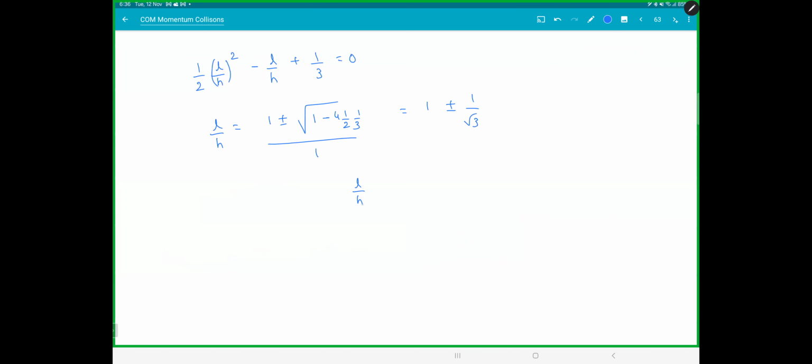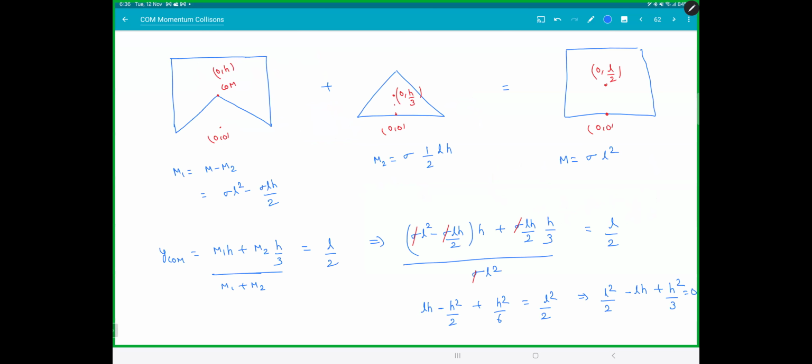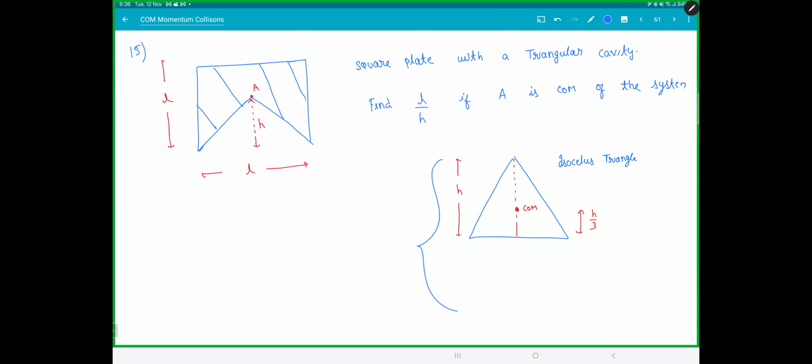Now L by h is 1 plus 1 by root 3, because L by h is greater than 1. Therefore, L by h is not equal to 1 minus 1 by root 3. Think about it. If L by h is less than 1, it means h is greater than L, so you made a hole bigger than L. Doesn't make sense. It won't be a plate anymore.